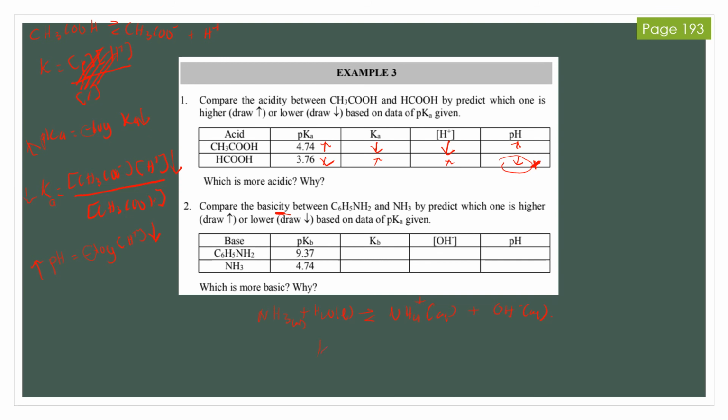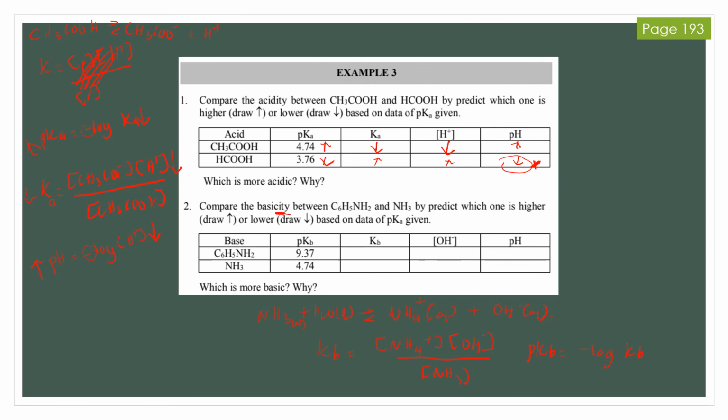Write down the expression for the Kb sama dengan NH4 plus times with the OH minus divided with the NH3. Okay. So sekarang tu dah pKb. pKb sama dengan negative log Kb.